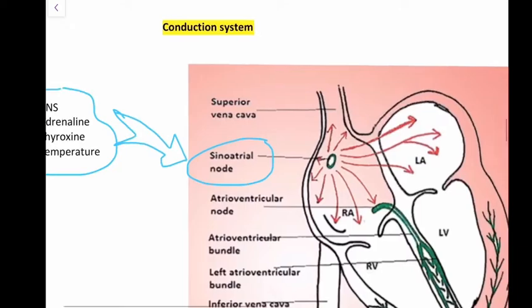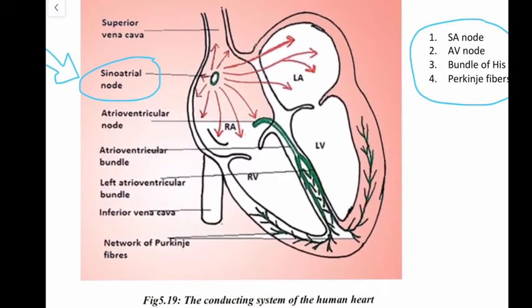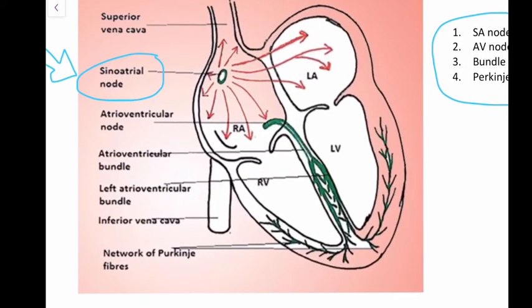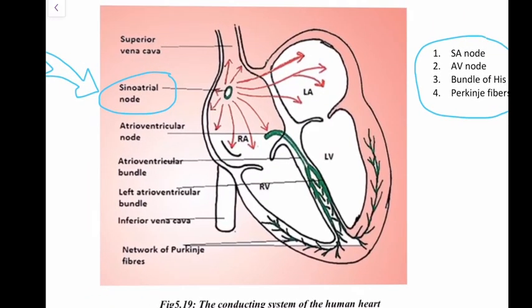And then after the SA node we have the AV node. It is situated in between the two atria, and it is responsible for sending these impulses from atria to the ventricles. And then the AV node forms a bundle of His, also known as atrioventricular bundle.